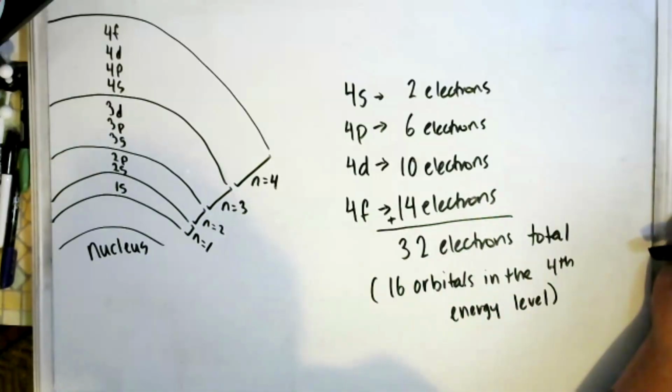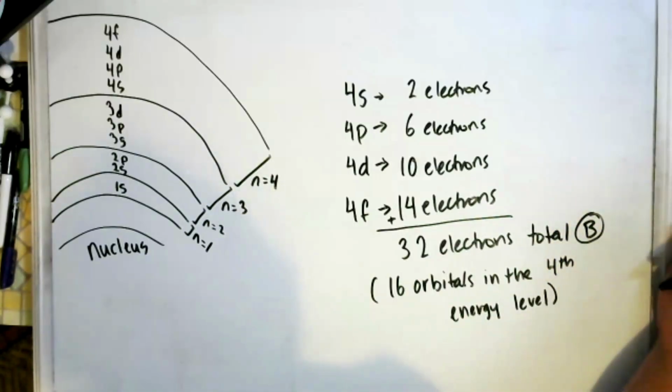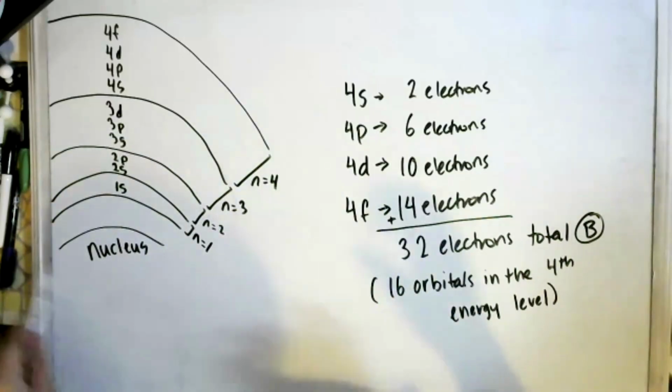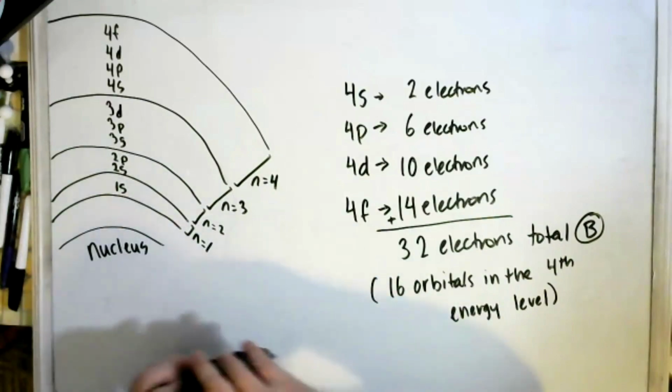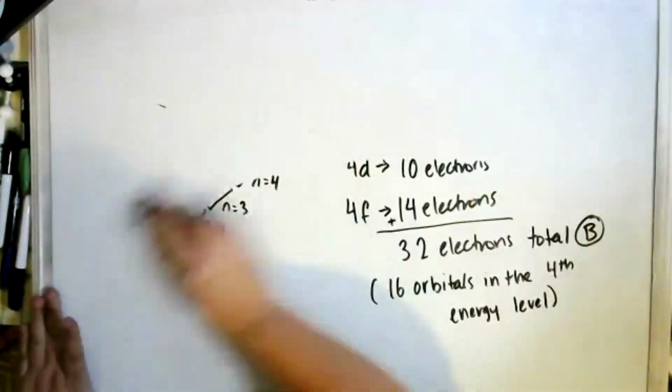Okay. So that was answer choice B there. All right. Next question asks us to find the electron configuration for calcium.